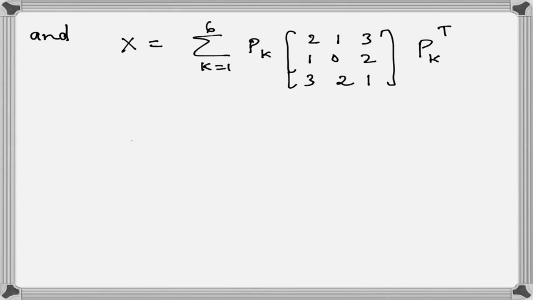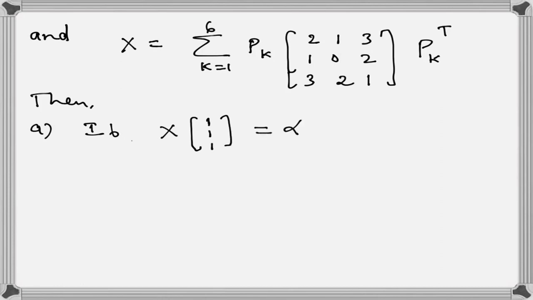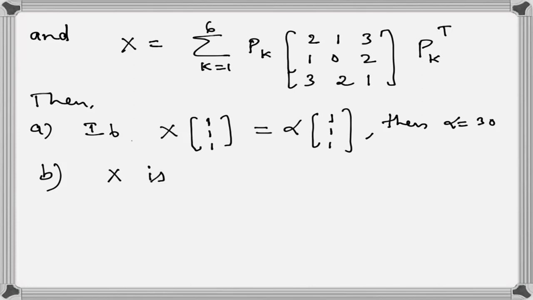Then part A is: if X times (1 1 1) equals alpha times (1 1 1), then alpha equals 30. Part B is show that X is a symmetric matrix.